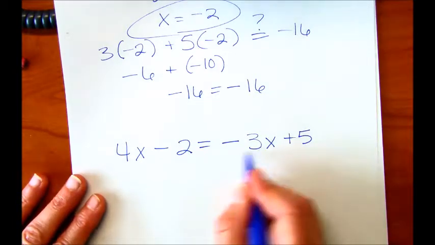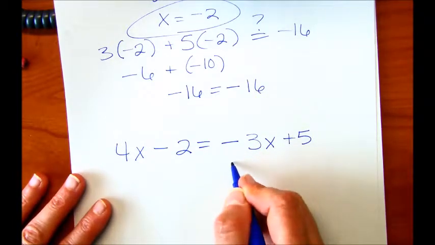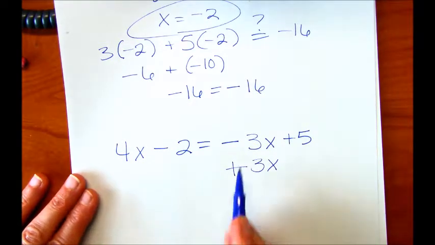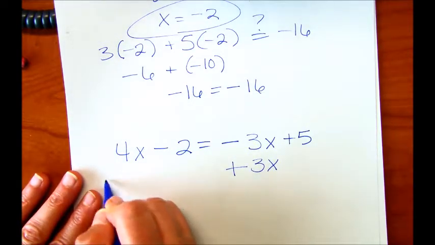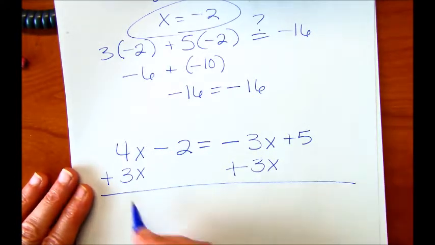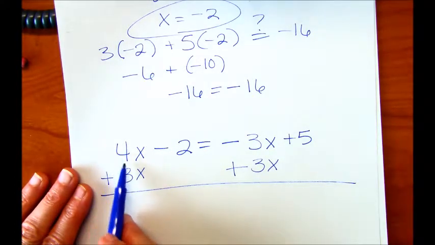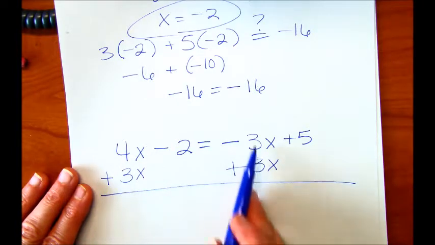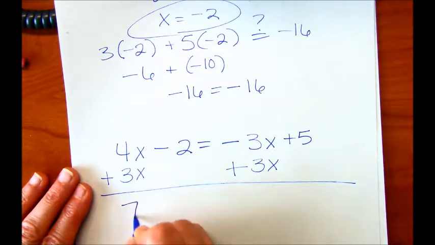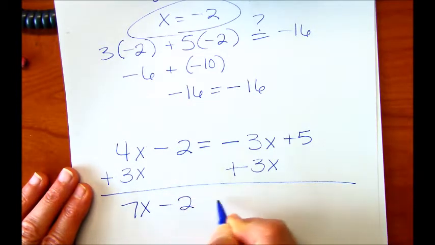First I'll do the x values. Positive 3x is the opposite of negative 3x, so I'm going to add 3x here. Notice I'm not eliminating it here, but I am here. So 4 plus 3 is going to give me 7x minus 2.